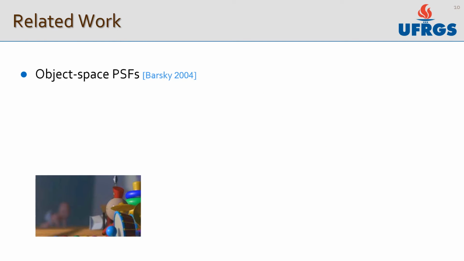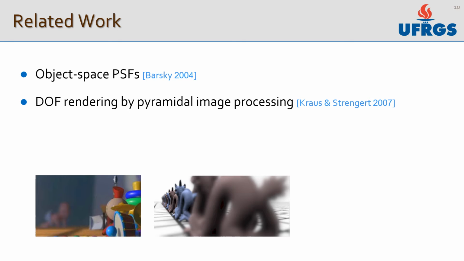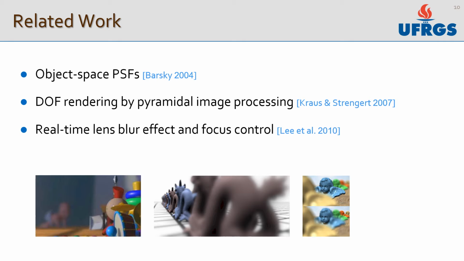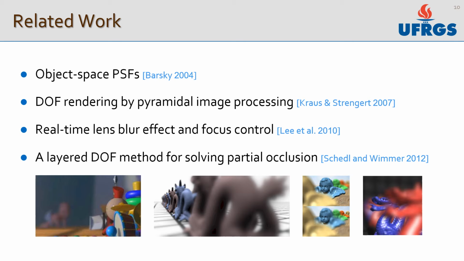Some previous works related to ours include a method that introduces object space point spread functions, where a scene is discretized into planes and histograms at each plane are used to construct PSFs, depth of field rendering using pyramidal image processing, real-time lens blur effect and focus control, and layered depth of field method for solving partial occlusion.